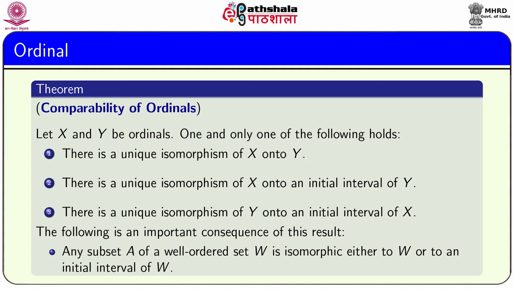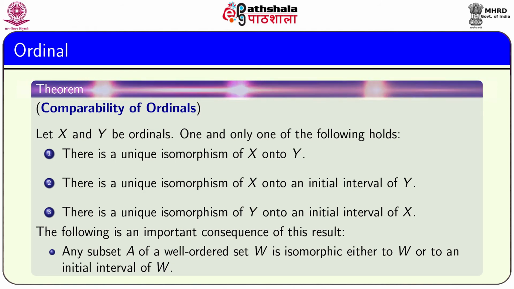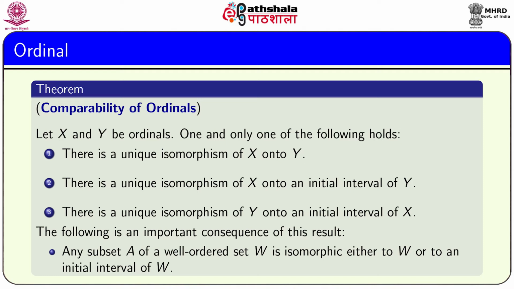In the next theorem, we see how the ordinals are compared. If two ordinals are taken, one is capital X and the other one is capital Y, then one and only one of the following can hold.